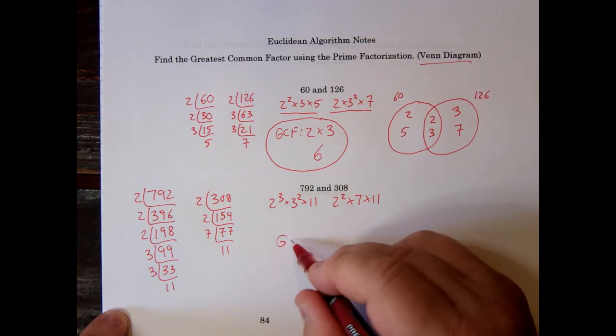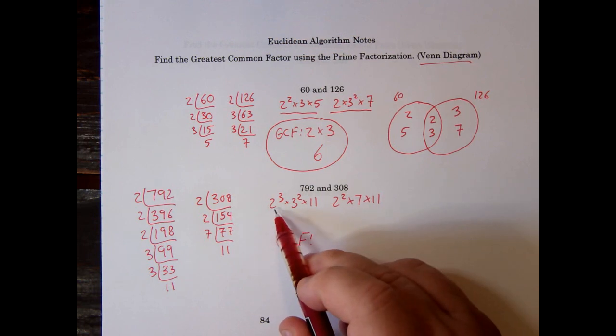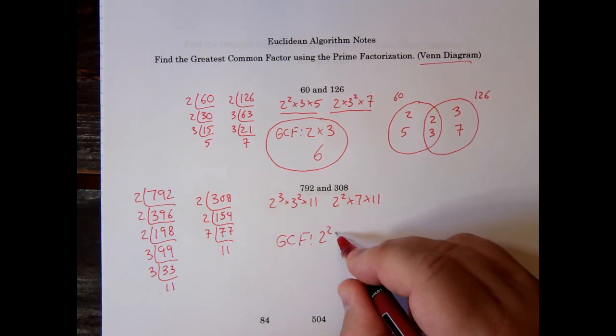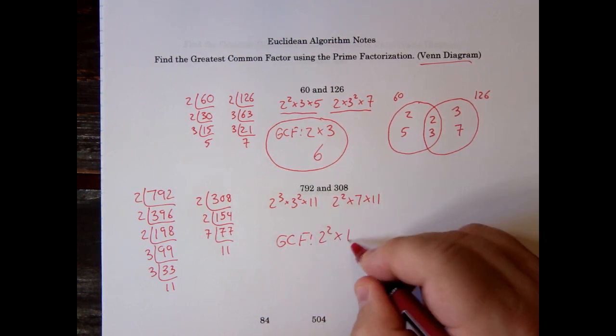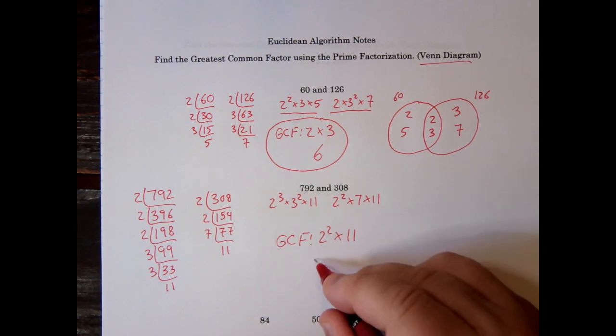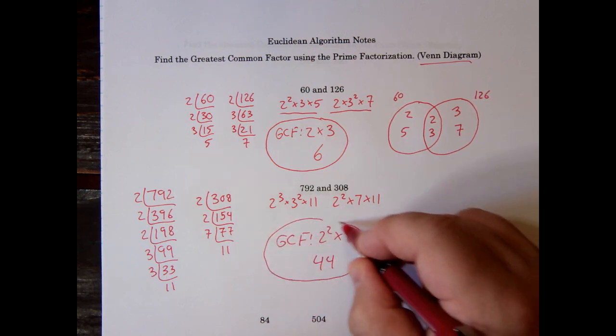So for the greatest common factor, 792 has three 2's and 308 has two 2's, so they have two 2's in common. 3's, no, not in common, and they have 11 in common. So 2 times 2 is 4 times 11, so 44 is our greatest common factor.